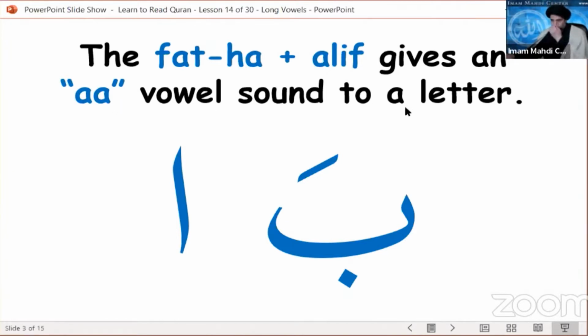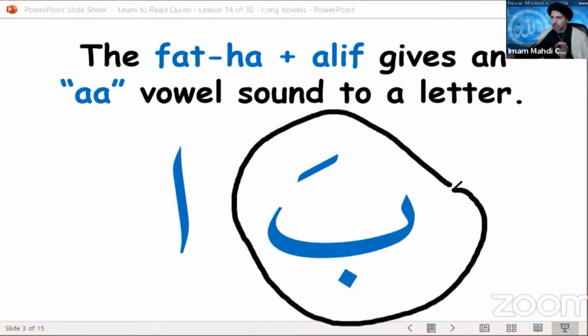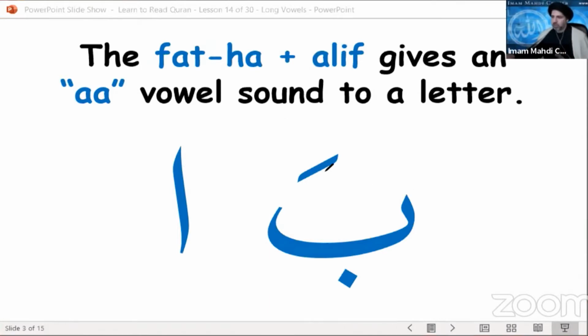It's a long vowel sound. You see, if it's the ba with the fatha, just this, and no alif, then we would say ba, very short. But now that we have the combination of the fatha and the alif, we say baa, and now it's a long vowel.